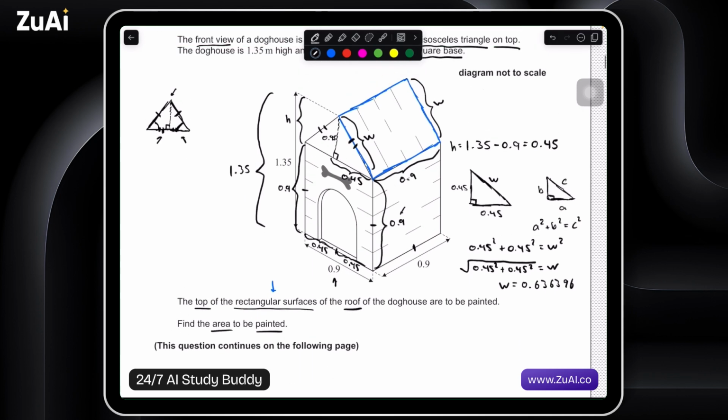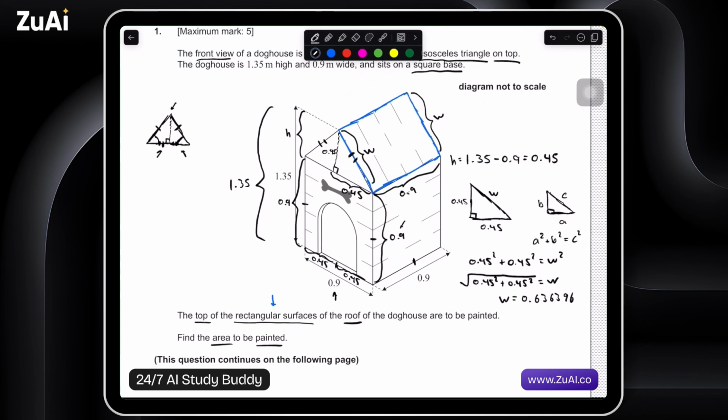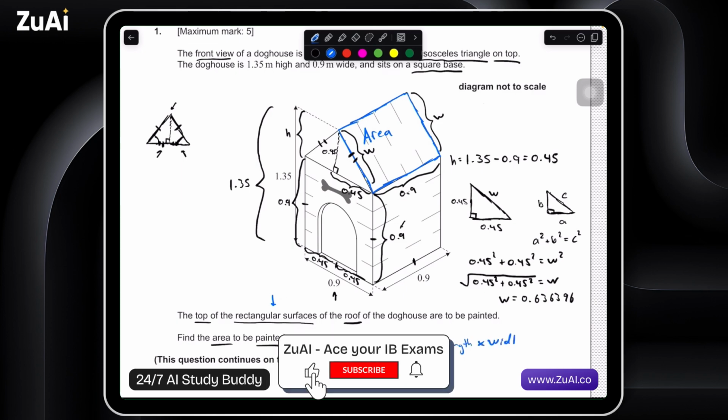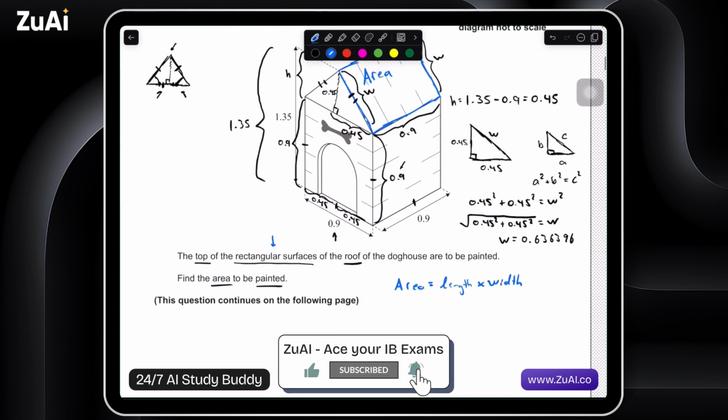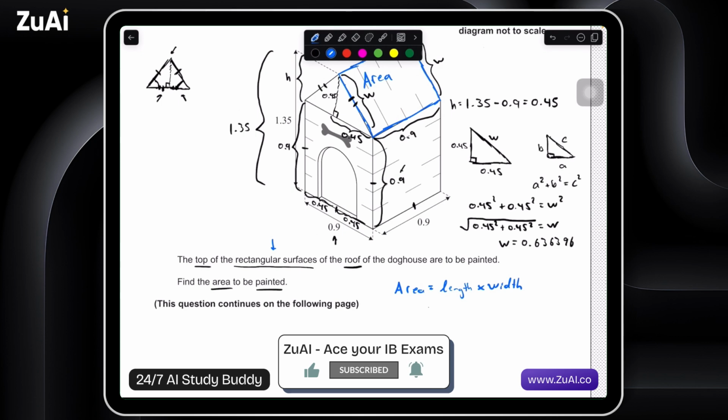For the last portion of this question, we know that the area of a rectangle is given by length times width. So let's go ahead and work that out.